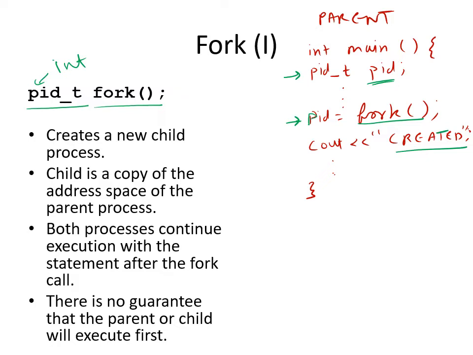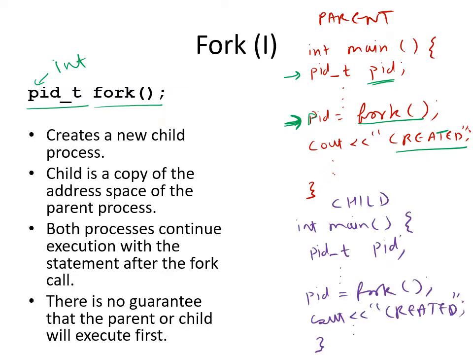When the program reaches this point in its execution, the line that contains fork, after the execution of this system call, a new child process would be created. And given this is the code of the parent, the child process would look something like this. Essentially, as you can see, the child is an exact copy of the parent process. They both have the same code.